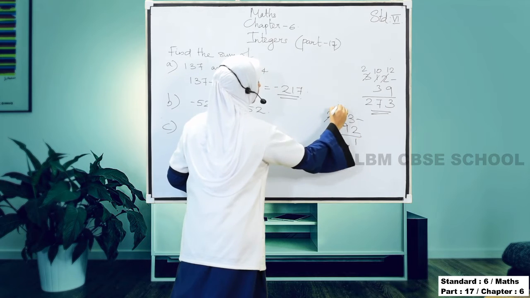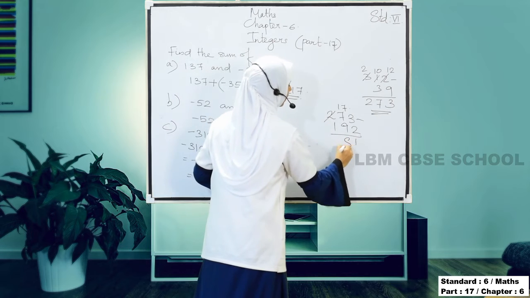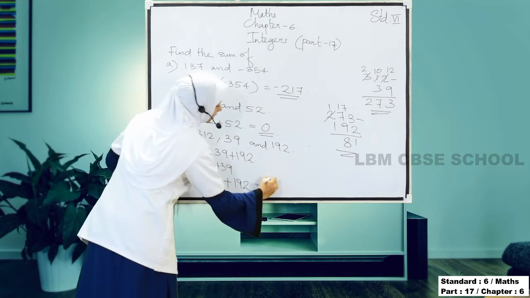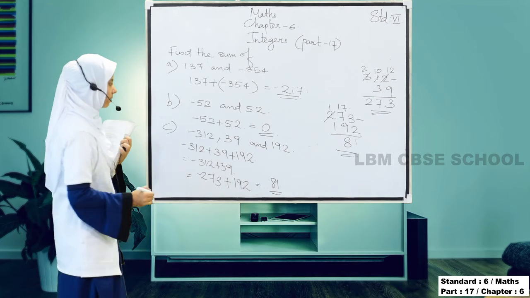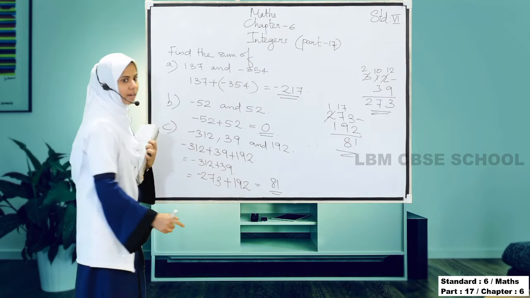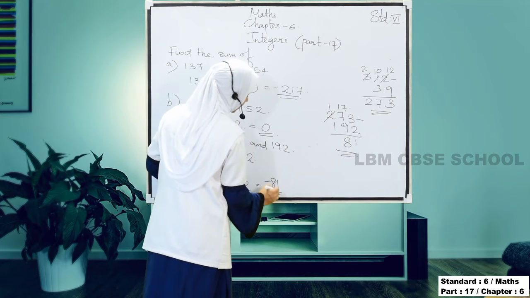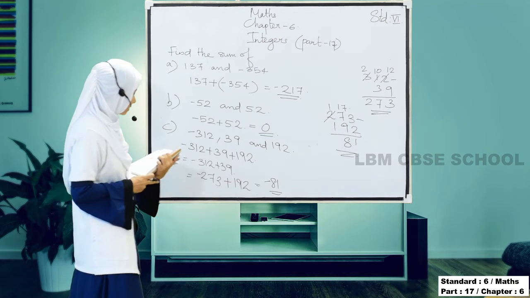Then 17, 8, then here is 1, so 81. Then what will be the sign of this 81? The sign will be minus, because here 273 is the greater number and the sign of 273 is minus, so minus 81. You understand that? Moving to the next question.